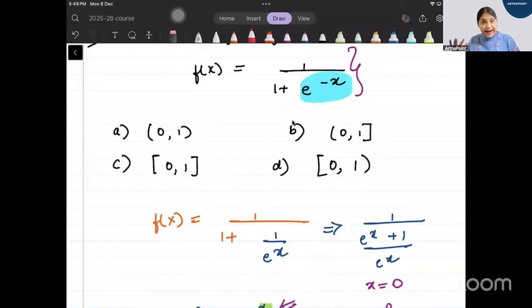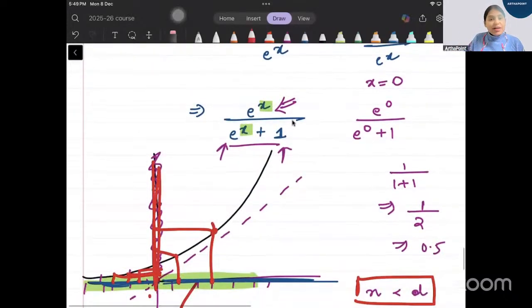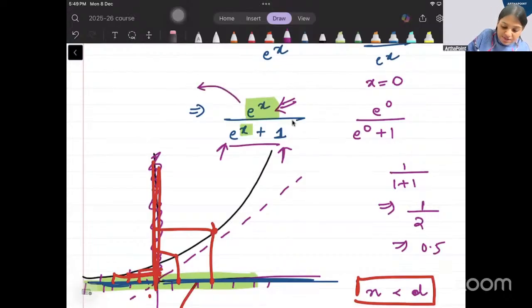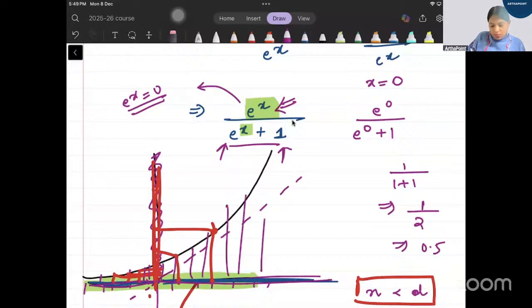And to answer that question, it will be 0 if the numerator is 0. This will take the value 0 if e to the power x is 0. But e to the power x is never 0. You put any x, you get a y which is positive. It is not cutting the x-axis.